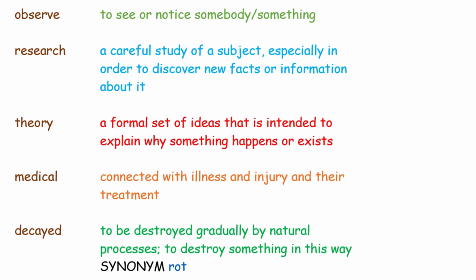Research. A careful study of a subject, especially in order to discover new facts or information about it. Theory. A formal set of ideas that is intended to explain why something happens or exists. Medical. Connected with illness and injury and their treatment. Decay. To be destroyed gradually by natural processes, to destroy something in this way. Synonym: rot.